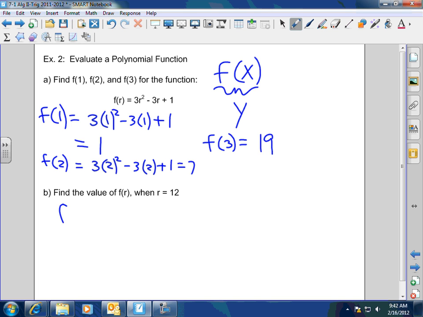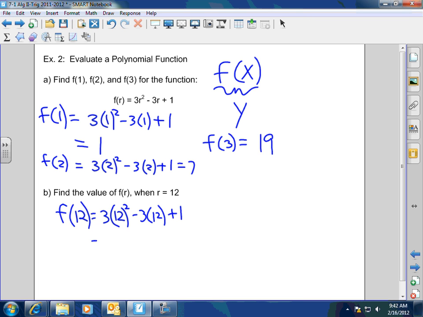Well, in this case, f of 12 is going to be 3 times 12 squared minus 3 times 12 plus 1. So that's going to be 144 times 3, which is going to be 432. Very good. Minus 36 plus 1. So I'm going to get 397.